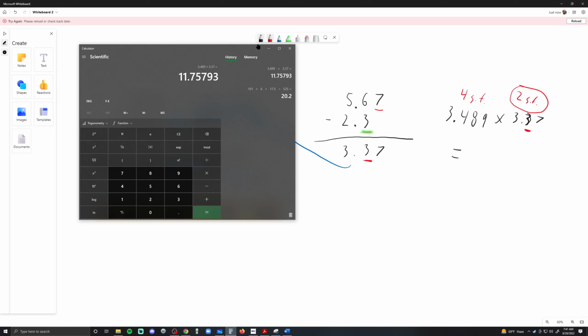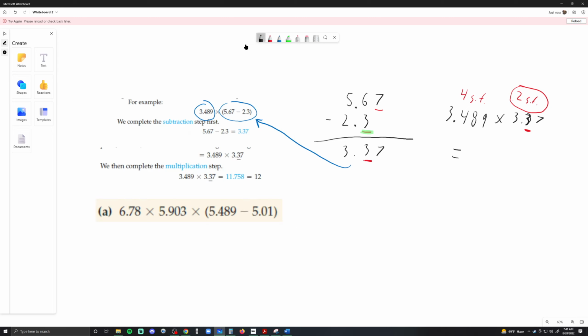I'll stop right where the 5 is and I'll round it up because there's a 7. And we have to round this such that it has 2 sig figs. So the first sig fig will be the first one, and the second sig fig will be the second one. When we round, we're going to round up because there's a 7 next to the 1, and so we round up to 12.